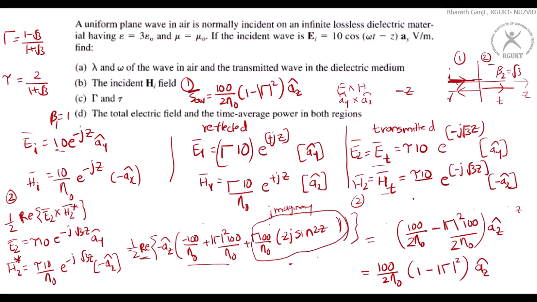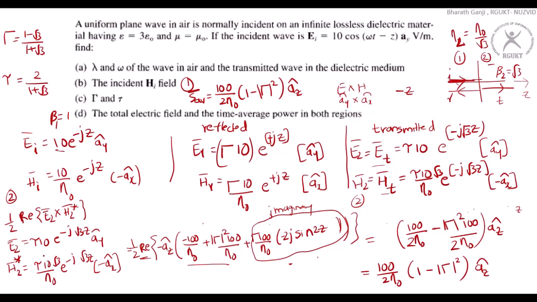In the second region the intrinsic impedance is not eta naught. We saw that eta 2 is actually eta naught divided by root 3. Sorry, my bad. So you get a root 3 in the numerator, and this is eta naught.